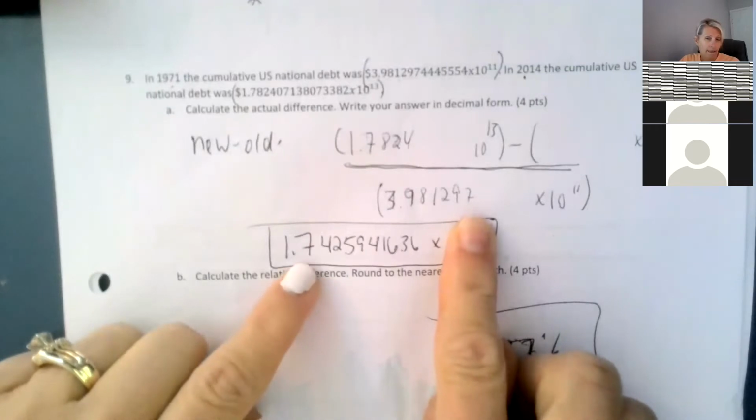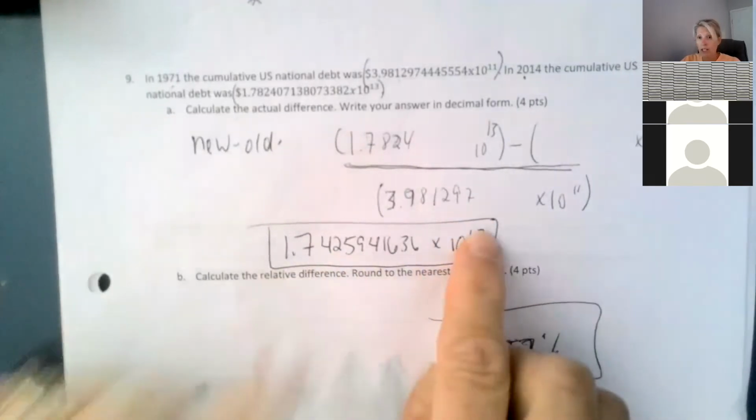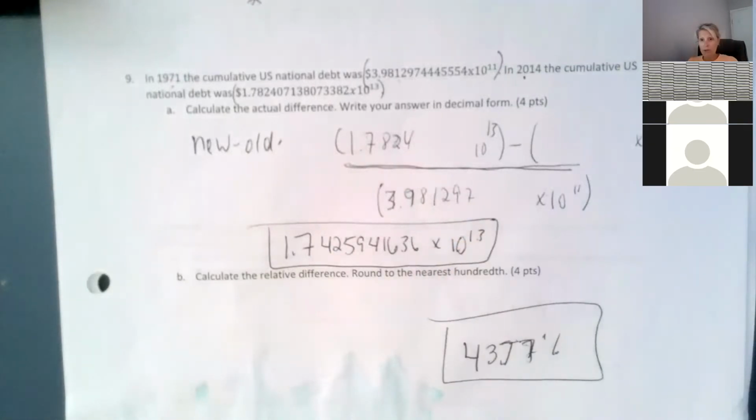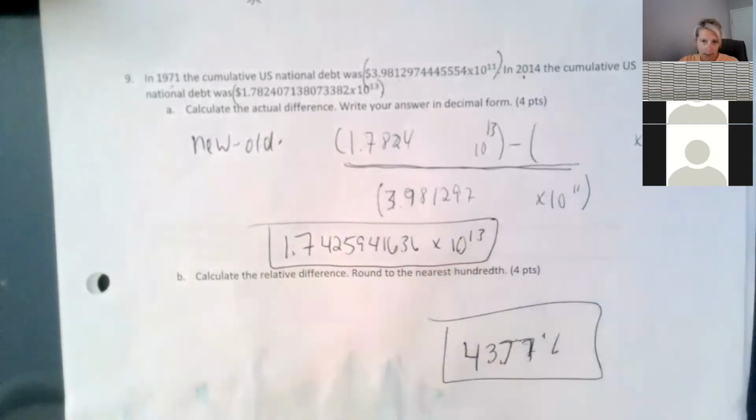If the 10 to the 13th tells you that it's a really ginormous number, and if it were 10 to the 3rd, it would only be times 1,000. But it's 10 to the 13th, and so it tells us that it's in the trillions. Gotcha.